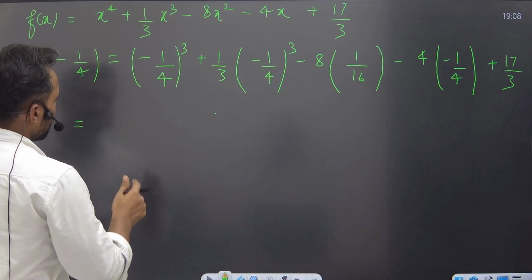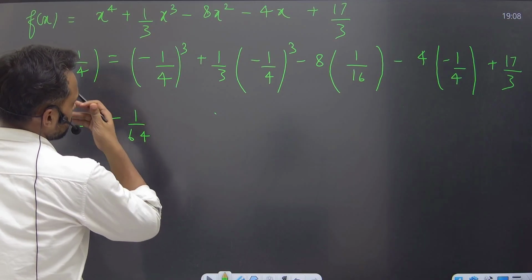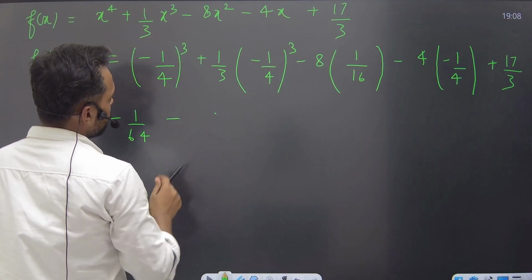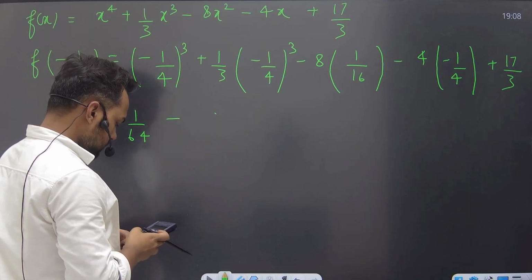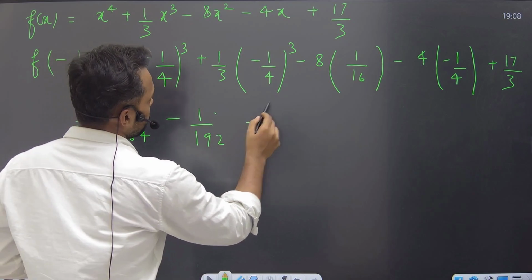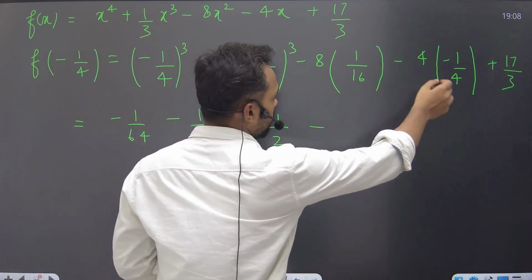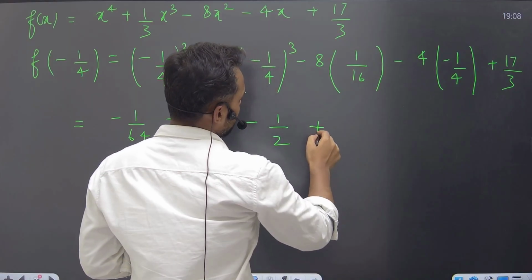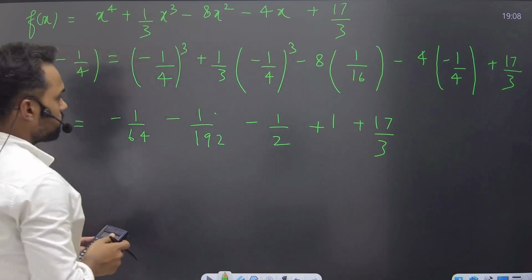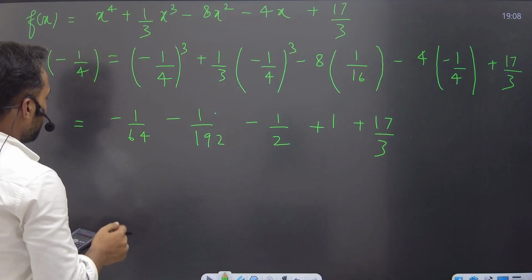So you will get, yeah, negative 1 by 64 plus, so the sign here will be negative, so 64 cross 3 will be 192, 1 by 192, negative of 1 by 2, negative here will be positive, this all will get cancelled, so you'll get plus 1 plus 17 by 3. Okay, plus 17 by 3 we are getting.